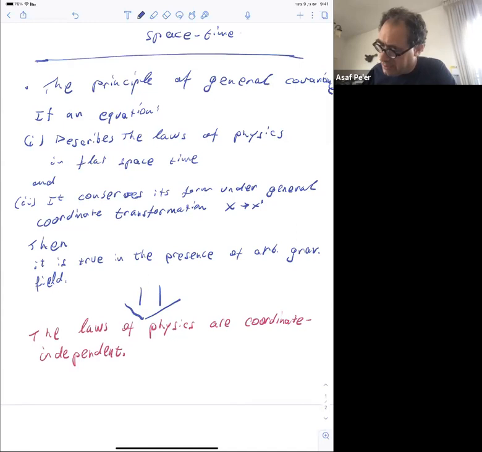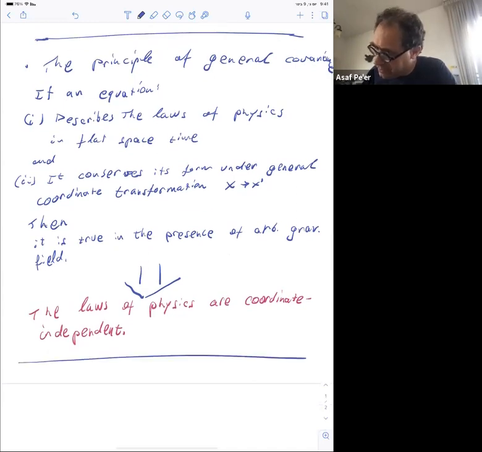So this law, especially this part, right, conserves its form under general coordinate transformation. This is really why I insisted on writing down all the laws of special relativity in terms of vectors and tensors, because vectors and tensors are something that I know how to transform from one coordinate system to another.